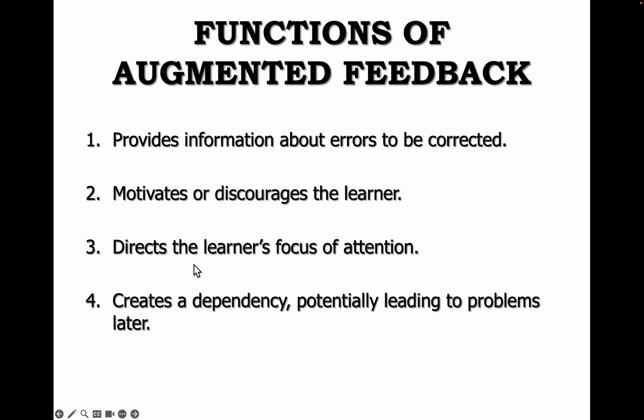Augmented feedback helps the learner focus on particular things. And finally, depending on how it's used, augmented feedback can create a dependency, possibly leading to problems later on, meaning that the learner relies too much on the feedback, which could blunt the learning response in the long run.